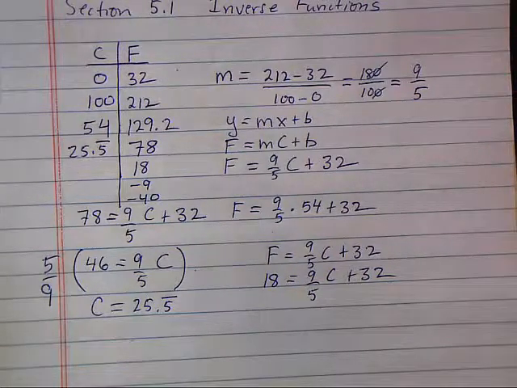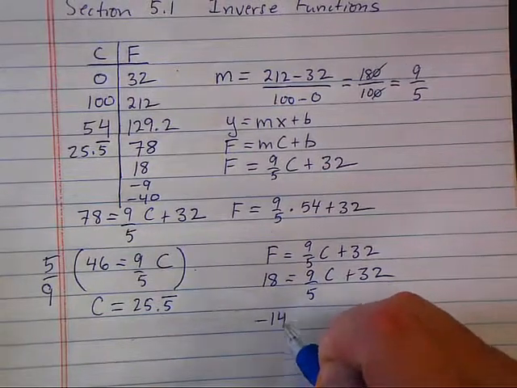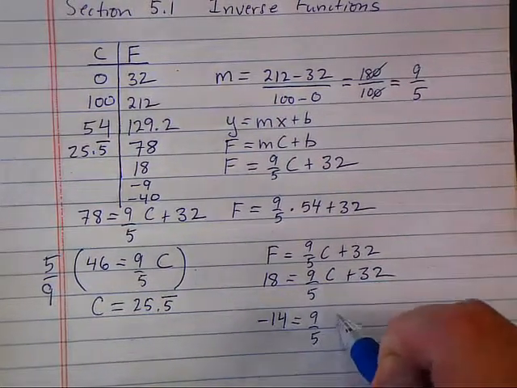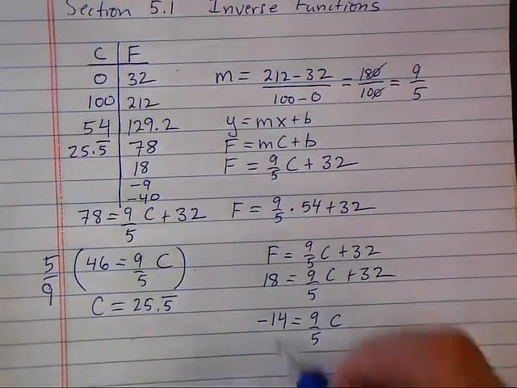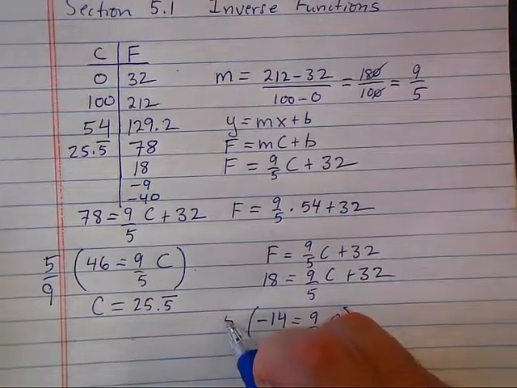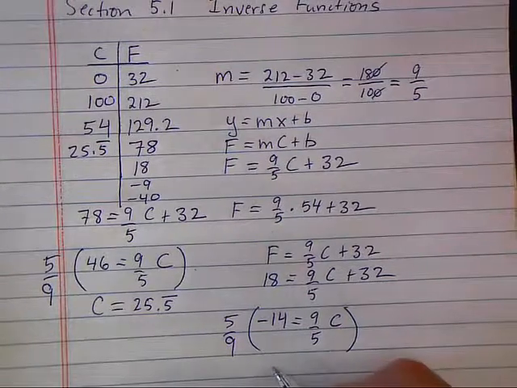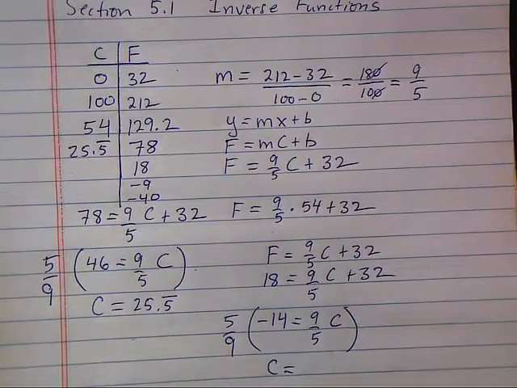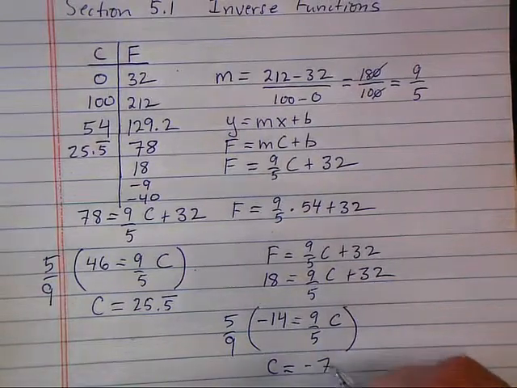You subtract 32. What's 18 minus 32? -14 equals 9/5 C. And then, to get C all by itself, multiply by 5/9. So C is -14 times 5/9, -7.7 bar.